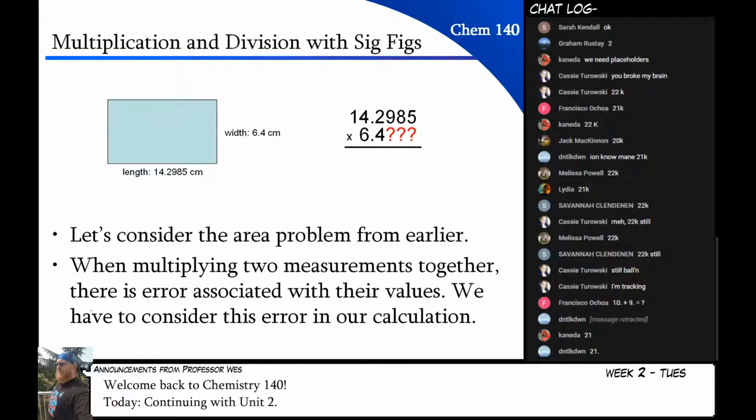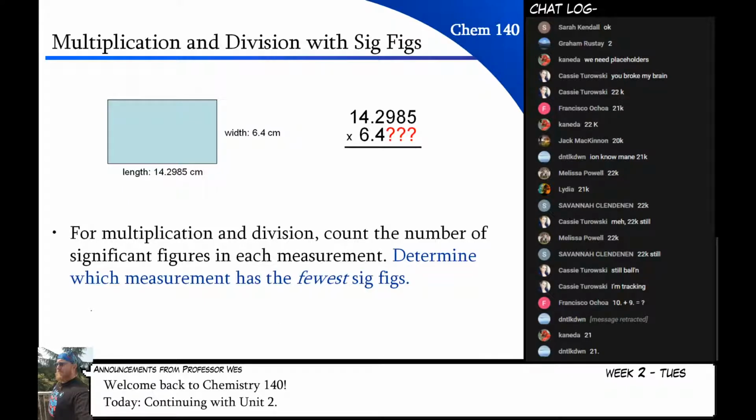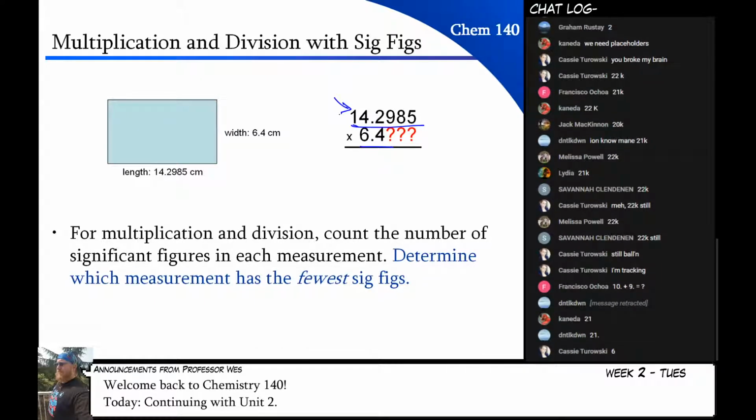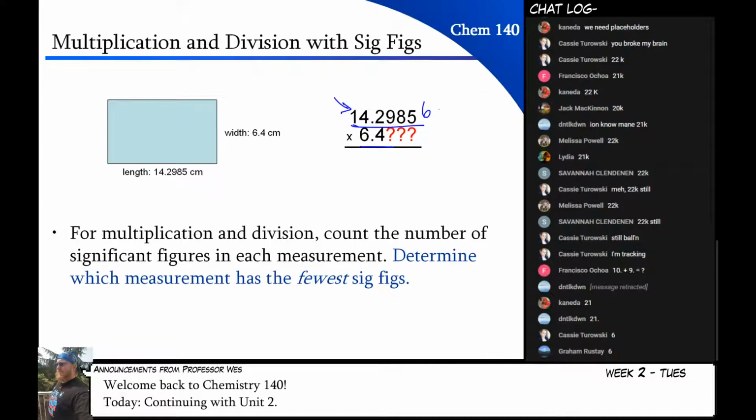Here's how we deal with sig figs when you multiply or divide. You're going to count the number of sig figs in each value as written. Here's a value as written, and here's a value as written. How many sig figs does 14.2985 have? It has 6. Good.